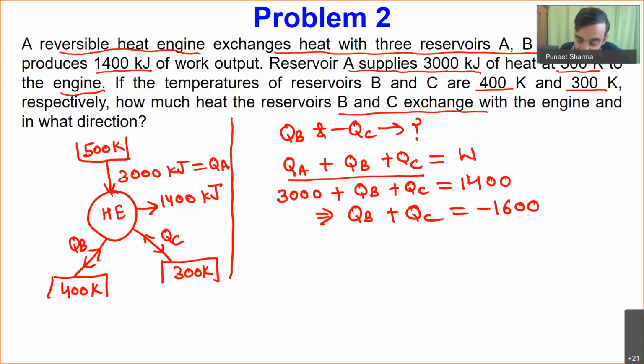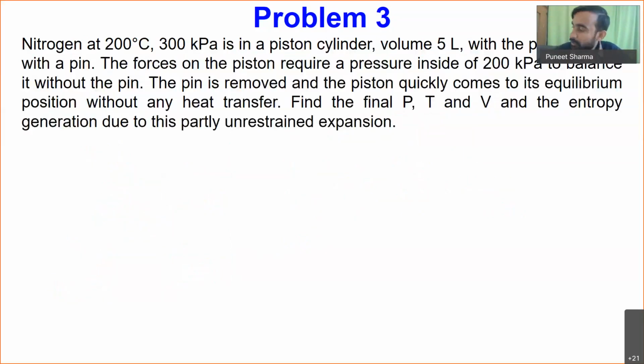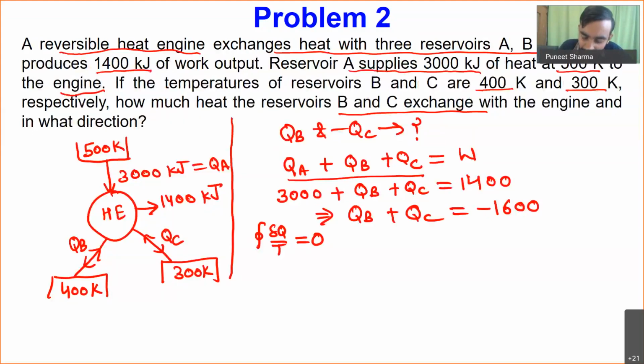Now another thing I have to do: this is a reversible heat engine, so I can write the Clausius inequality, that the cyclic integral of del Q by T equal to 0. So I can simply say QA divided by TA plus QB divided by TB plus QC divided by TC is equal to 0.